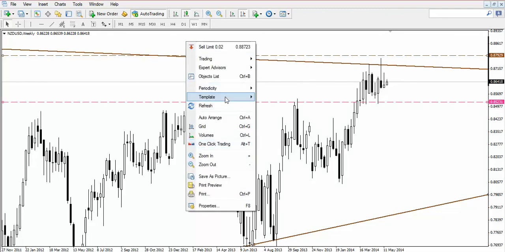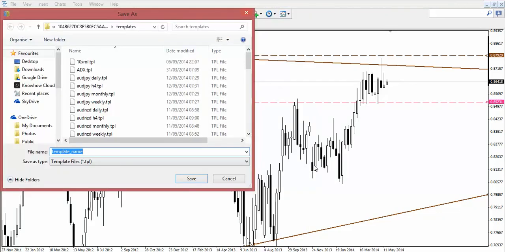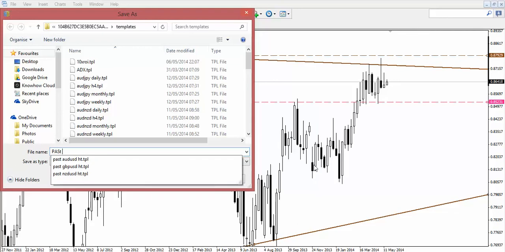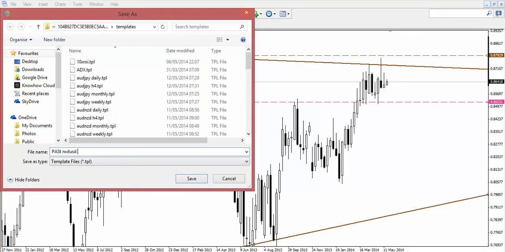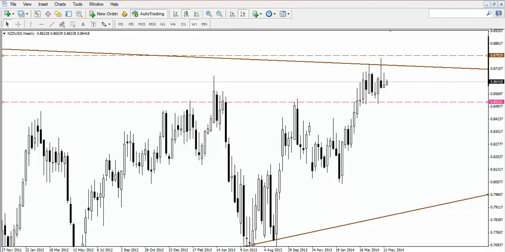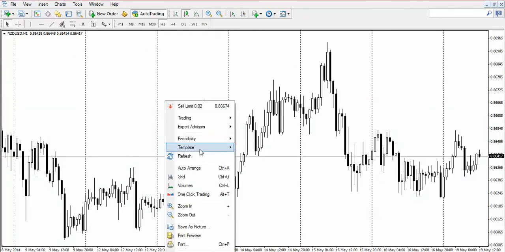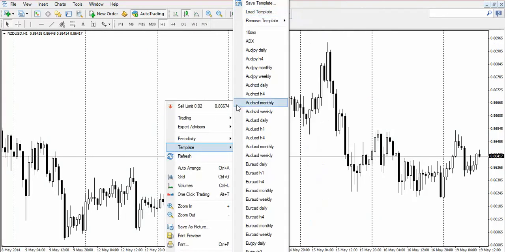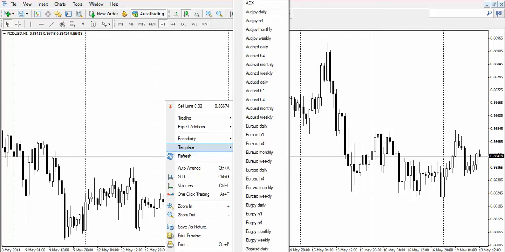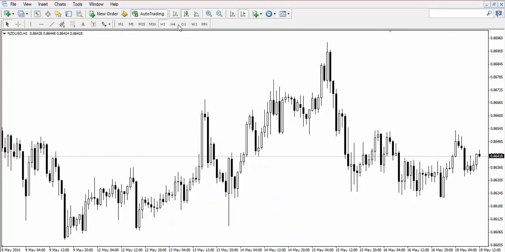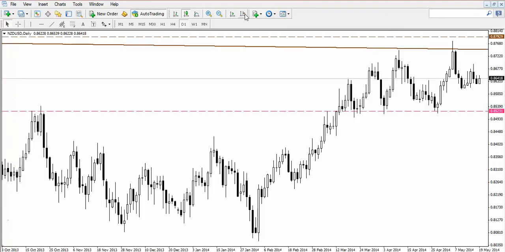So let's save this template, and then load it up on the lower time frames. And we'll go to the daily chart.